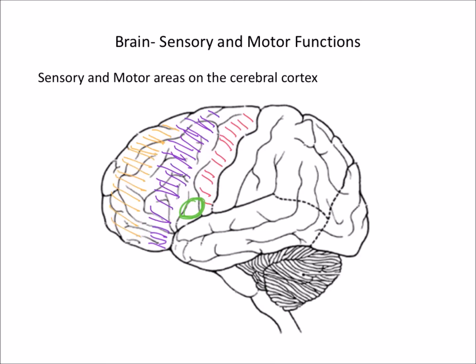Now taking a look at the primary sensory areas, the first primary sensory area is the primary somatosensory cortex, which is located behind the central sulcus.